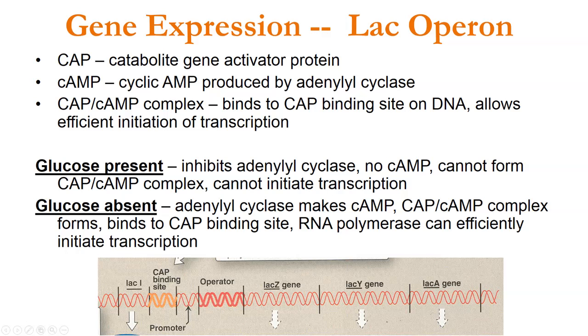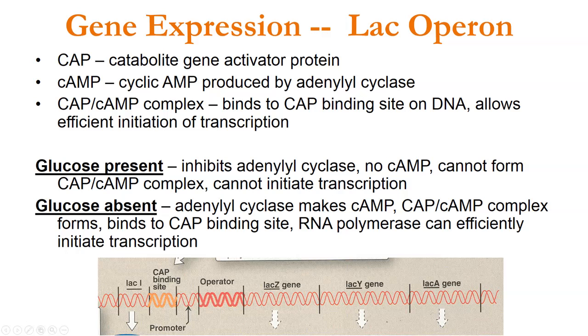So if glucose is present in this case, that actually inhibits this adenylyl cyclase. This is the enzyme that makes cyclic AMP. And if that cyclic AMP is not there, so it inhibits that enzyme so we don't make it, it doesn't bind to CAP, and therefore it doesn't bind to this CAP binding site.